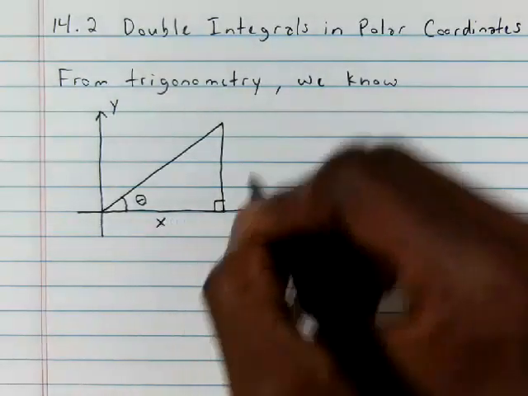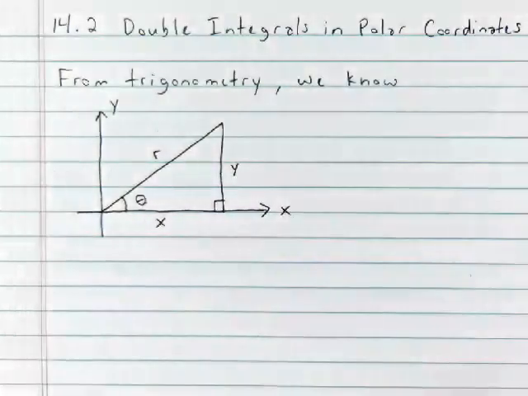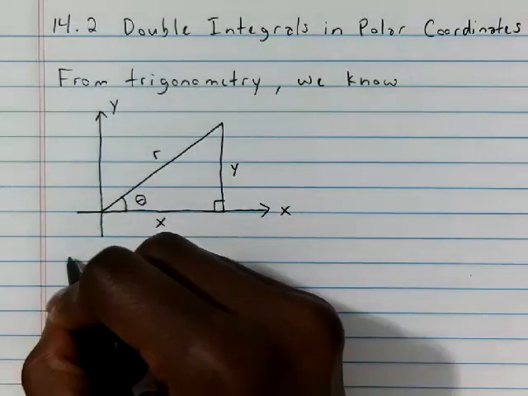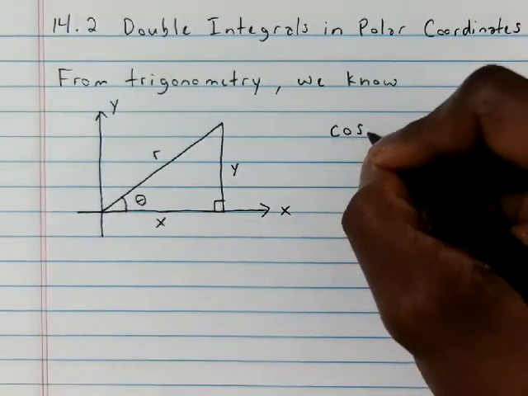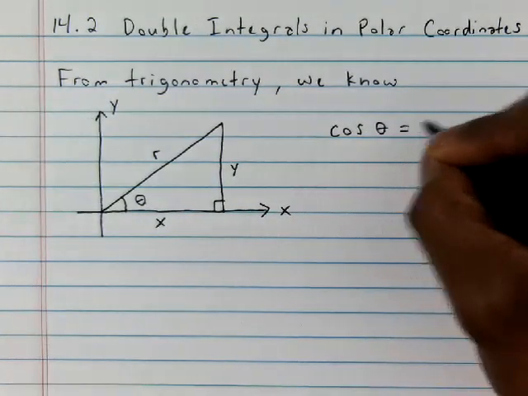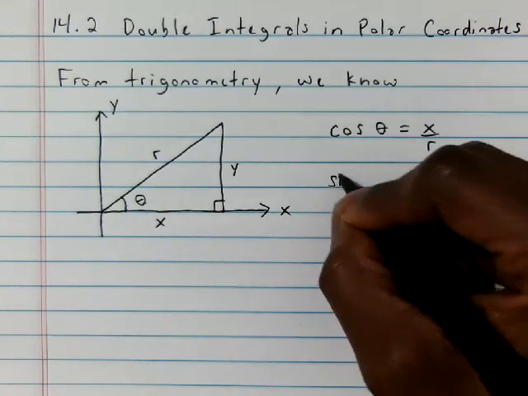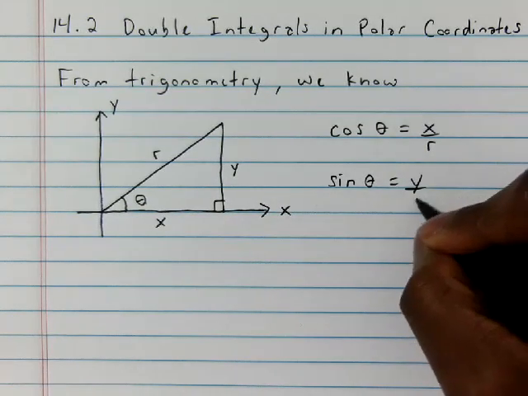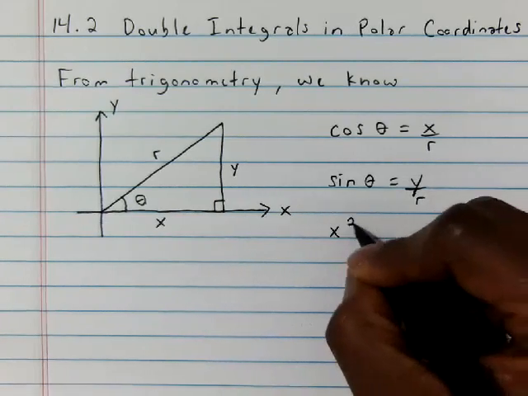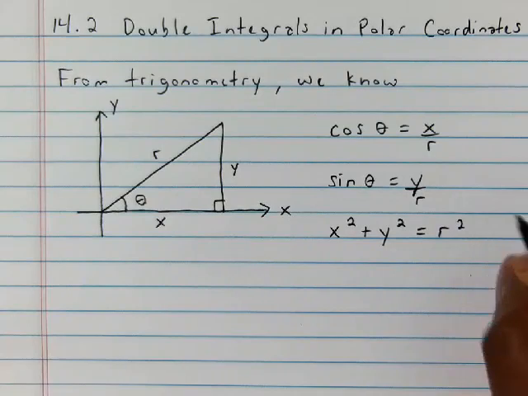This length is x, this length is y. This will be our radius. And we have the relationship cosine of theta equals x over r. Sine of theta equals y over r. And x squared plus y squared equals r squared.